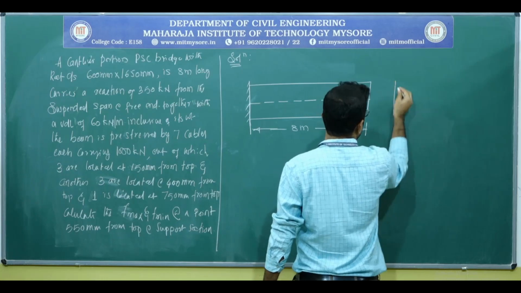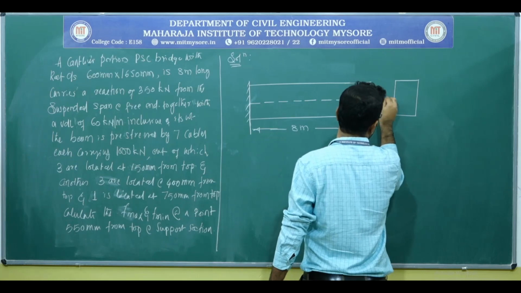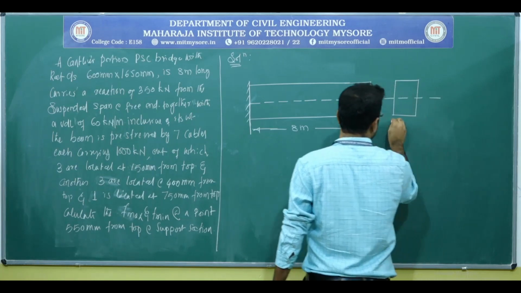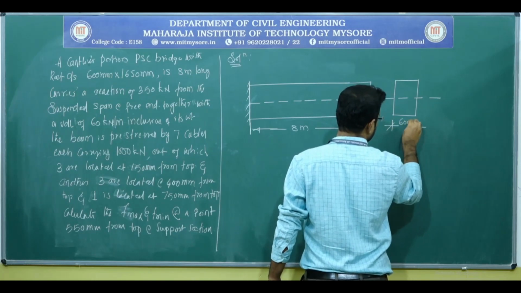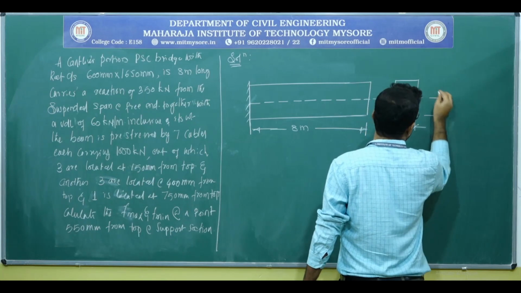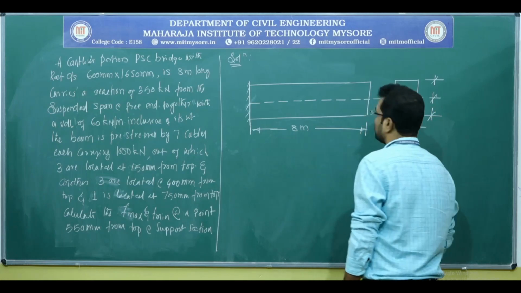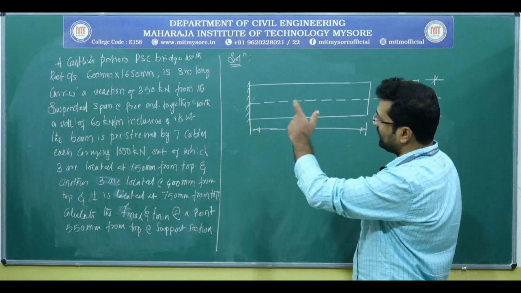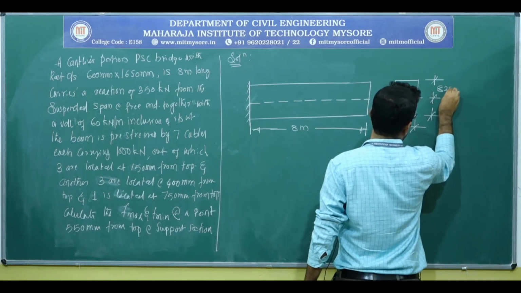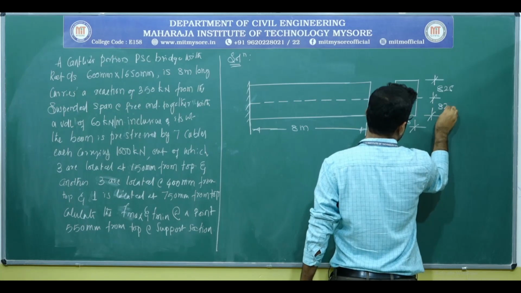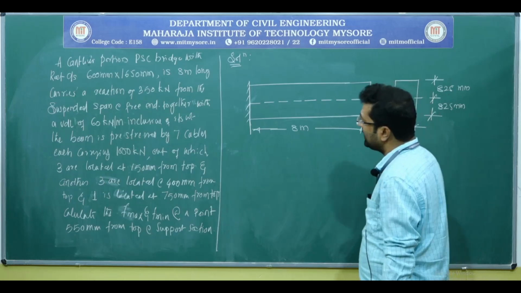So let me draw the cross section here. So the cross section is 600 millimeter wide and this depth is about 1650 millimeter. So if I divide that 1650 millimeter, it will be 825 millimeter, 825 millimeter. Okay. Right.